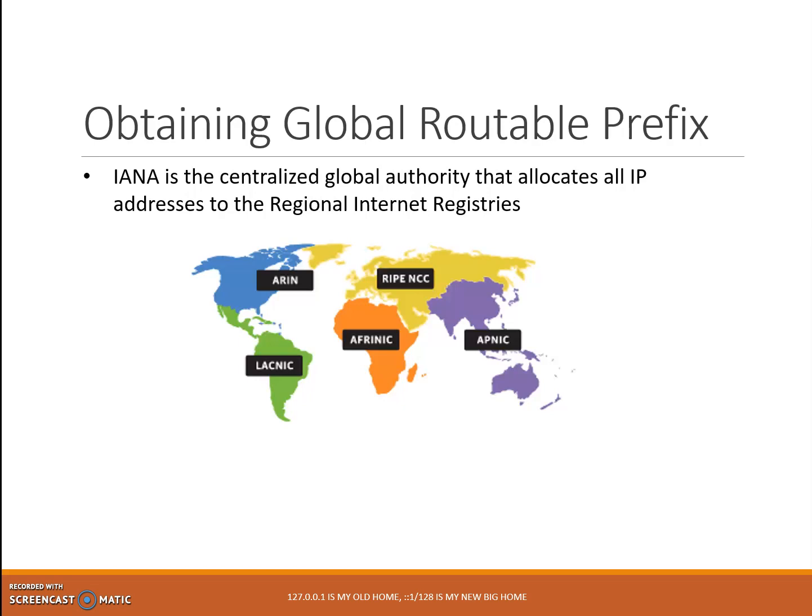LACNIC, which is the Latin American and Caribbean Network Information Center. This is for Latin America. And finally, we have the African Network Information Center, AFRINIC, which is responsible for assigning IP addresses to Africa.